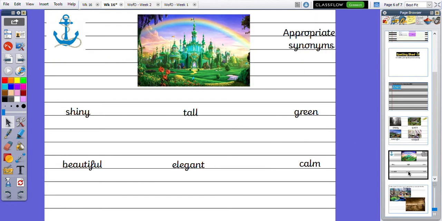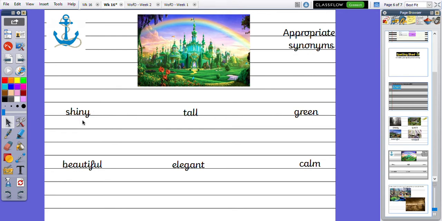So the next thing we are going to look at is this picture here. We have got these six words and some of them are quite boring. So we've got the word shiny, tall, green, beautiful, elegant, and calm. So your first task for your SPaG lesson is to go and find some appropriate synonyms to describe this picture.